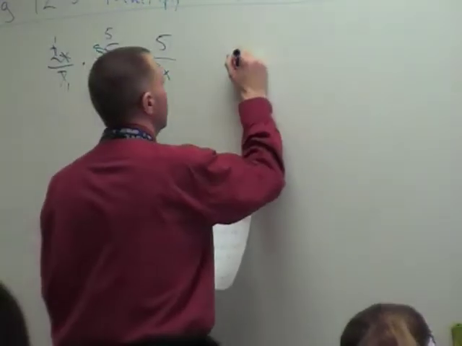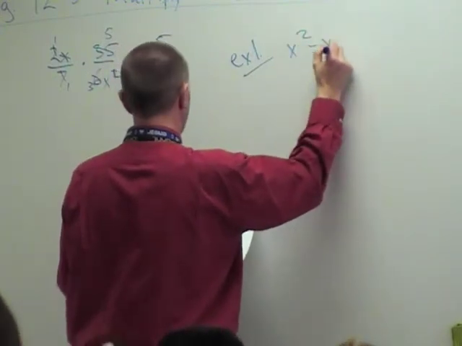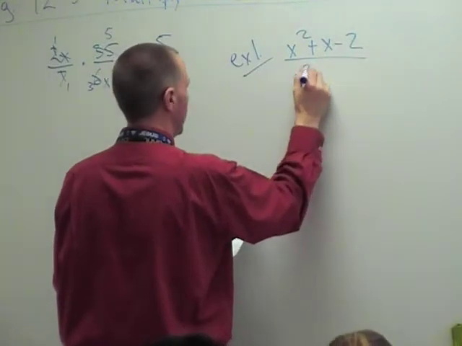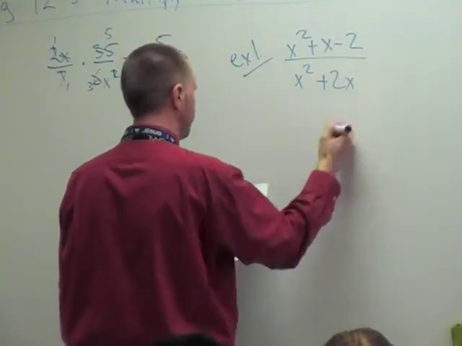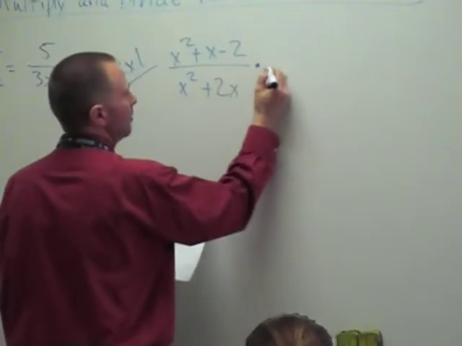Example 1. x squared minus x minus 2 over x squared plus 2x, times 2x squared plus 2x over 5x squared minus 15x plus 10. Yesterday you factored and simplified. You're going to do that again today, but you're also multiplying.